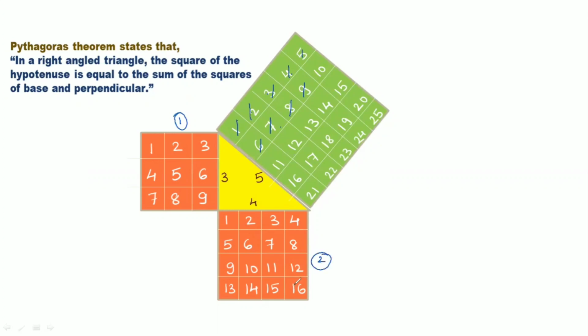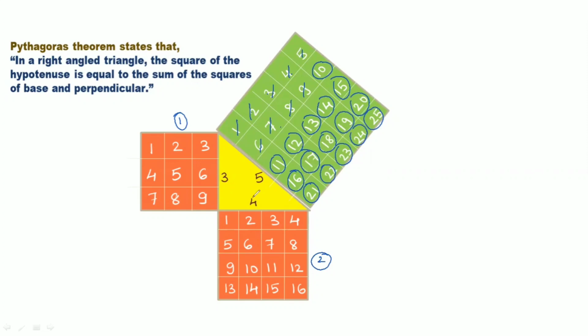Let us check here, there are 16, right? So this is 1 square, 2, 3, 4, 5, 6, 7, 8, 9, 10, 11, 12, 13, 14, 15, 16.